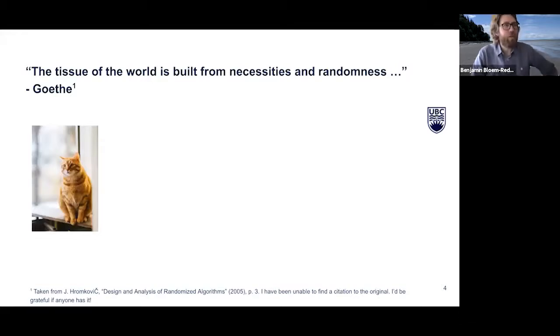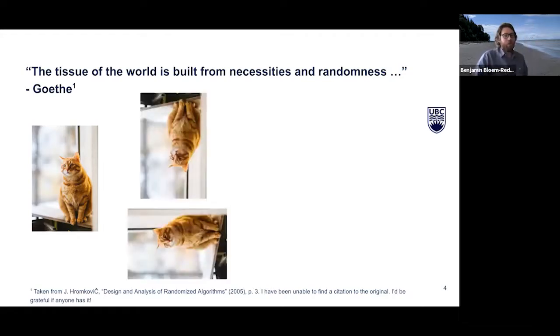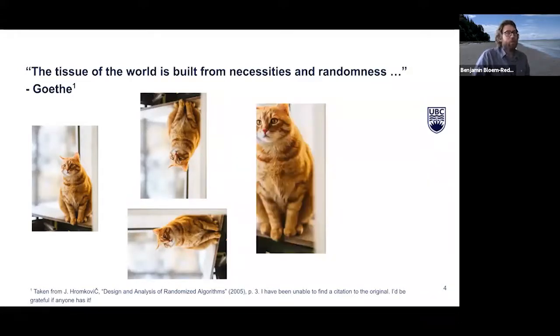okay, we have an image, and it's too bad we can't do this live because I would just cold call someone in the audience and ask them what's in the image, but I think everyone would say there's a cat in that image. Okay, if I rotate that image in two different ways, there's still a cat in that image. If I zoom in and crop it, there's still a cat in that image.